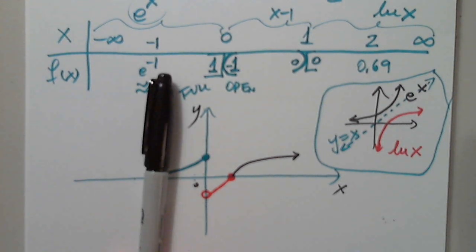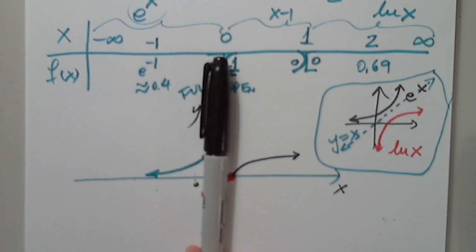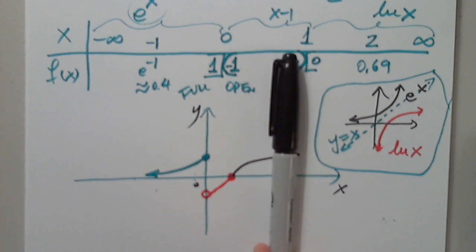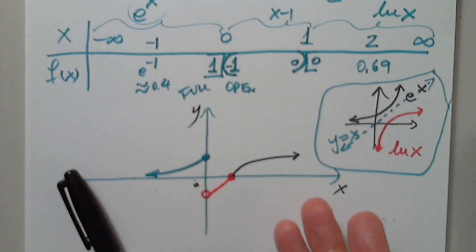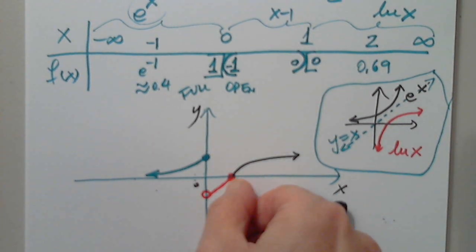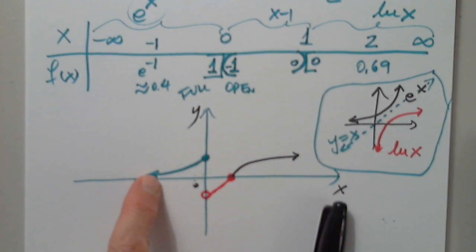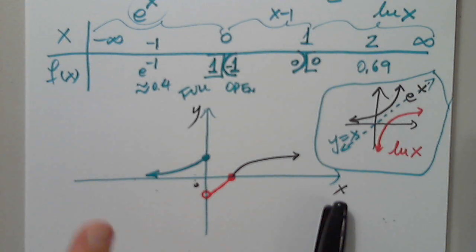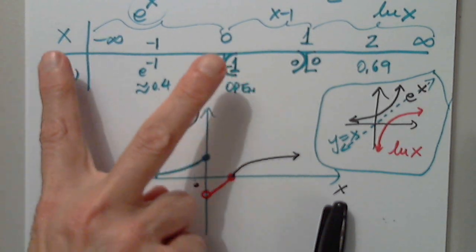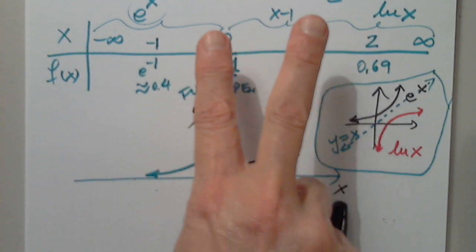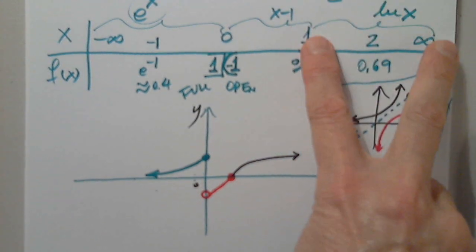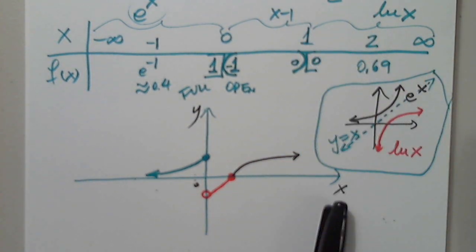It will not be a function by the vertical line test. Again, it's not required to use 3 colors. I'm using 3 colors just to make sure you understand that this cannot be extended, this cannot be extended, this cannot be extended. This is very clear. e to the x is on this, x minus 1 is on this, and natural log is on this. And that's carved in stone.